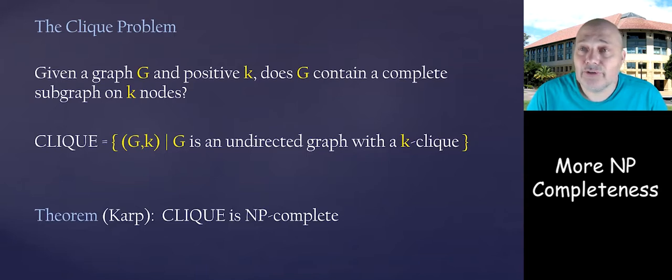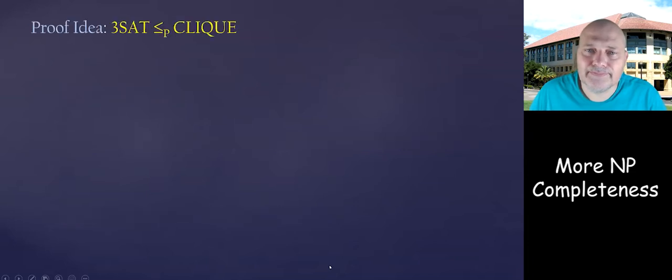And he showed these 21 problems from different areas and showed that all of them are NP-complete as well. And that gave a huge boost to this area because it showed that these NP-complete problems are everywhere and this is a very rich structure. So clique is one of these problems that Karp showed to be NP-complete.